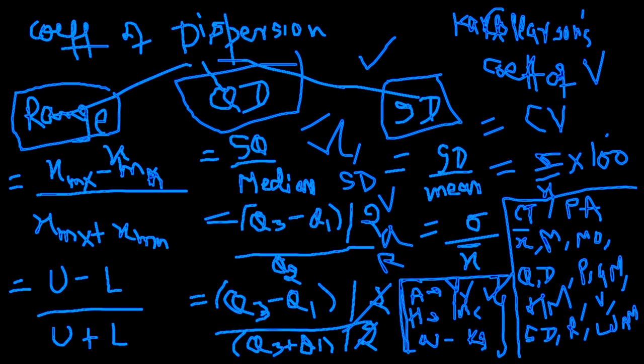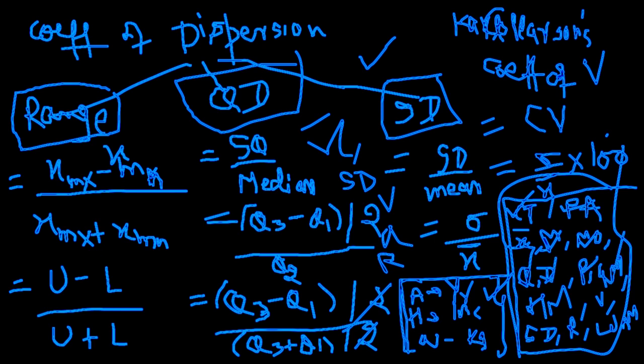Then none of these formulas are going to study all of these together, because every single quantity is based on a single dimension or parameter. But when you have different parameters in different SI units and you want to study them all together, then we need the coefficient of dispersion. That is why we study range, quartile deviation or standard deviation.